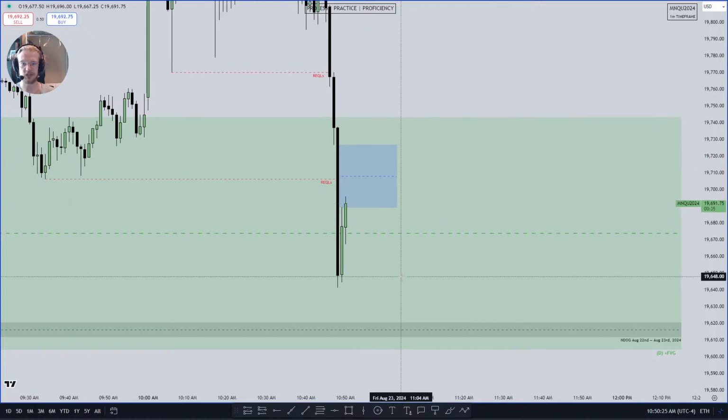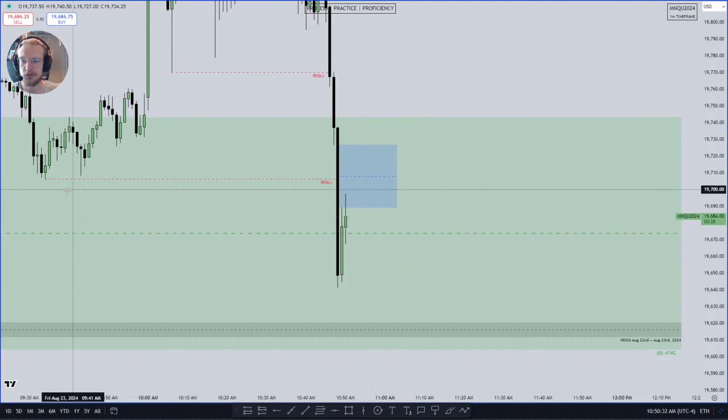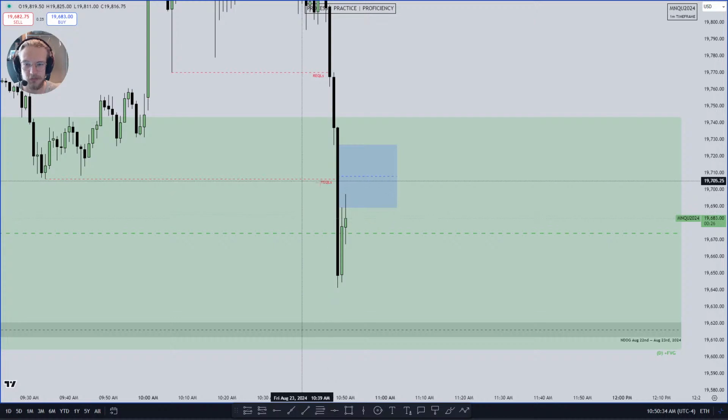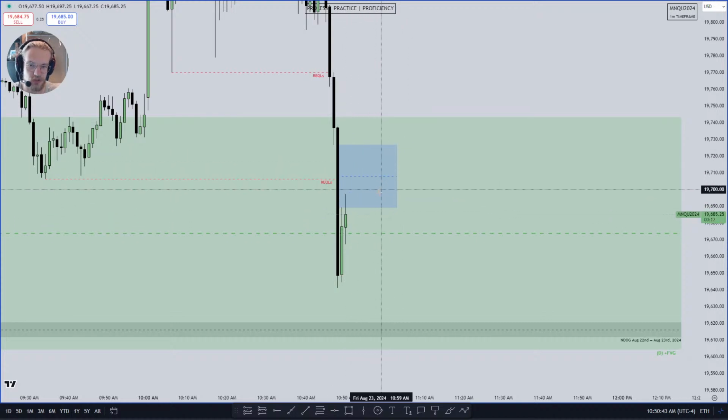Let's see how price acts here. Because it is a previous level of sell side liquidity, relative equal lows, we aggressively broke through it, and now we have formed an inefficiency.